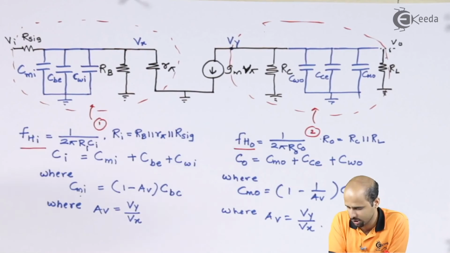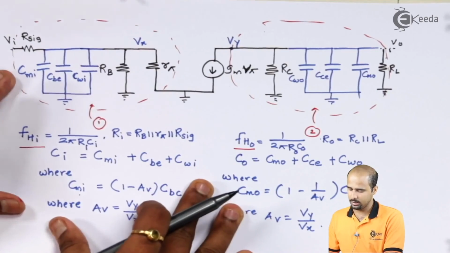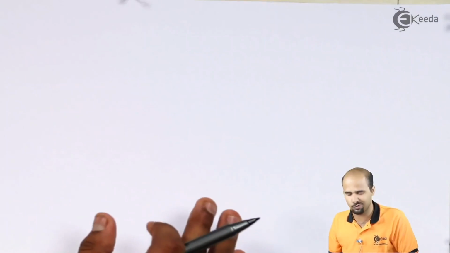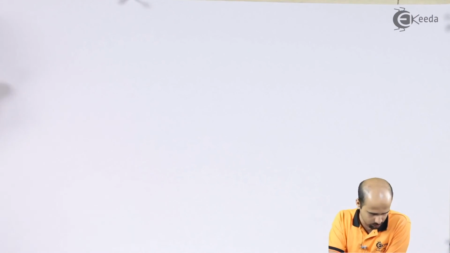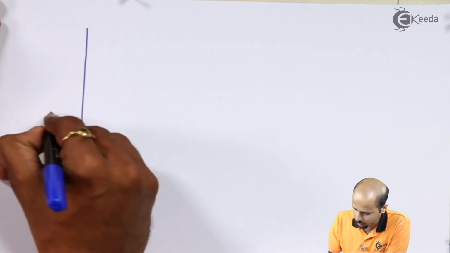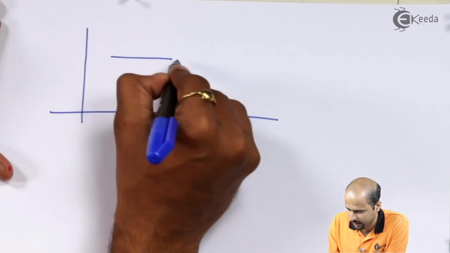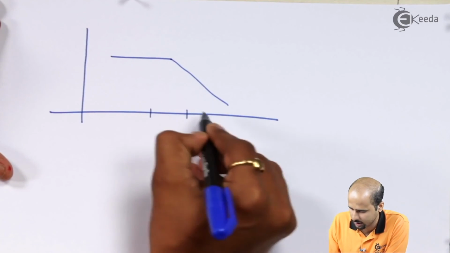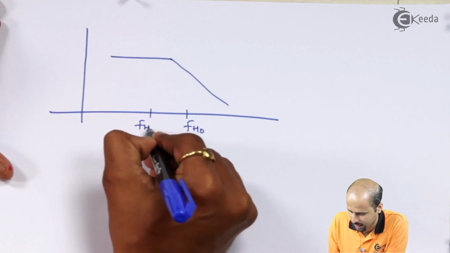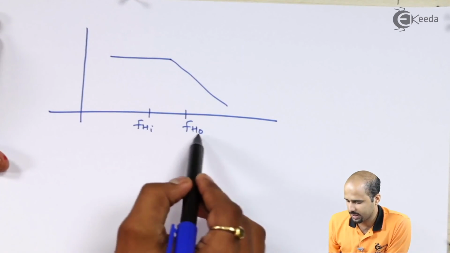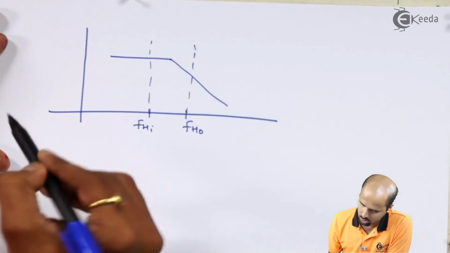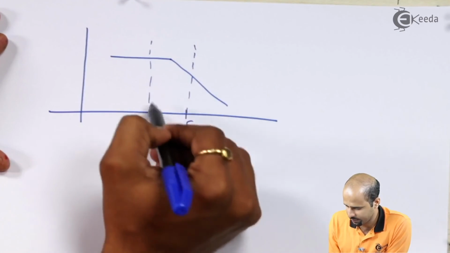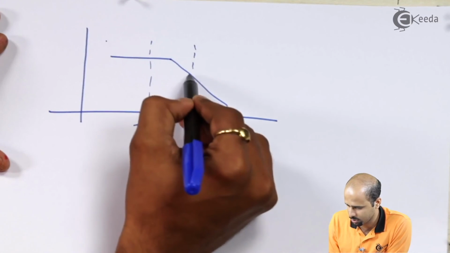So we have got two values, FHI and FHO, for the higher cutoff frequency, and then we have to consider the exact higher cutoff frequency. This is because if we consider the frequency response at the higher side, then if one is here, this will be FHO and this is FHI. Okay, so we have got the values of FHI and FHO, and let's draw.